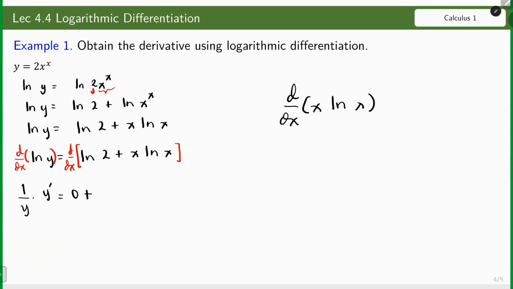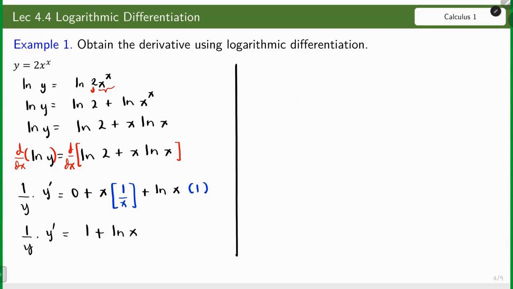This one is a product. This is your u, and then this is the v. We have u dv. U is x, and the derivative of ln x is 1 over x. Then u dv plus v du, where v is ln x, and the du is just positive 1.